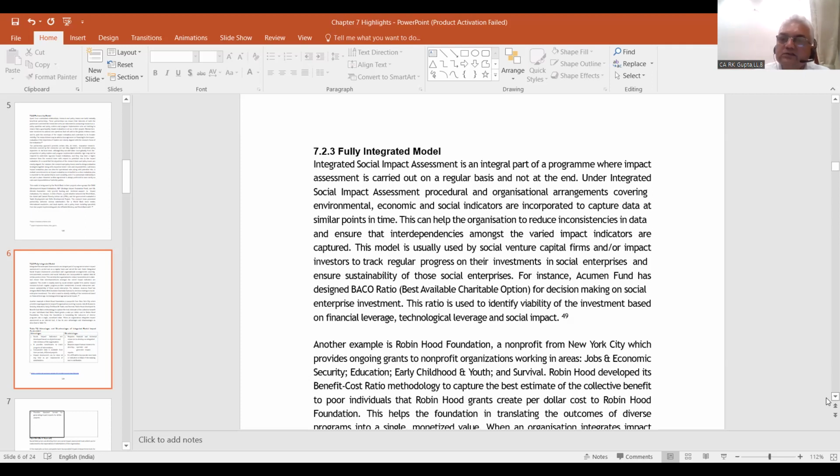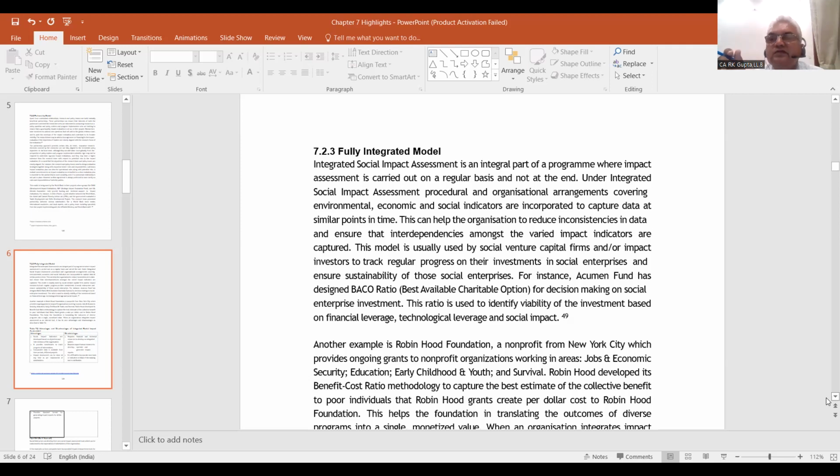This can help the organization to reduce inconsistencies in data and ensure that interdependencies among the various impact indicators are captured. So this model is usually used by social venture capital firms and impact investors to track regular progress on their investments in social enterprises and ensure sustainability of those social enterprises, because they've invested their capital in the firm. Okay, they want to do charity, but they want to see the impact also.